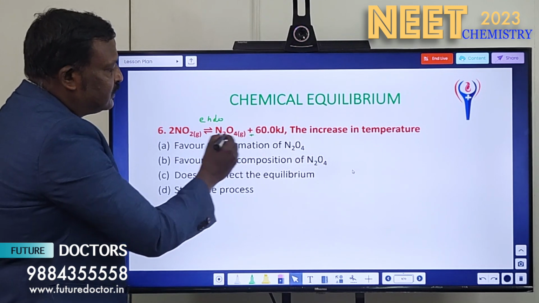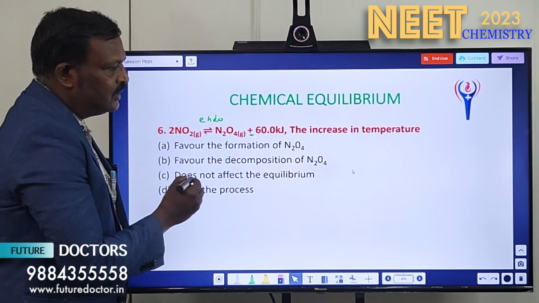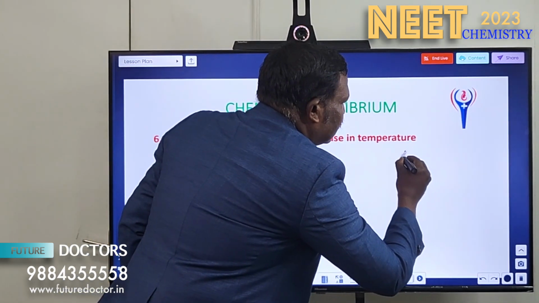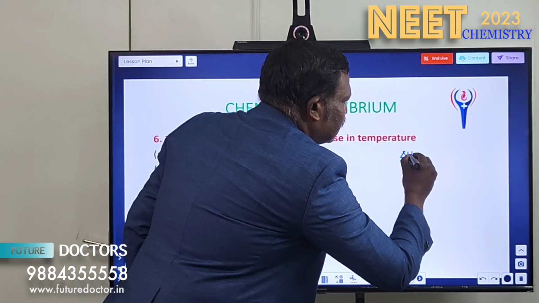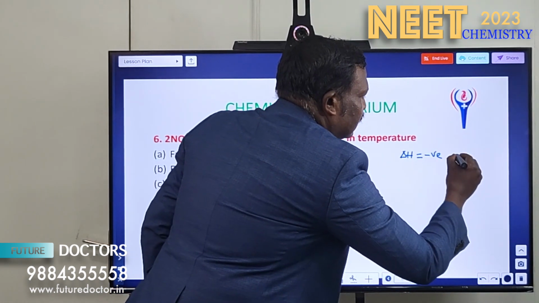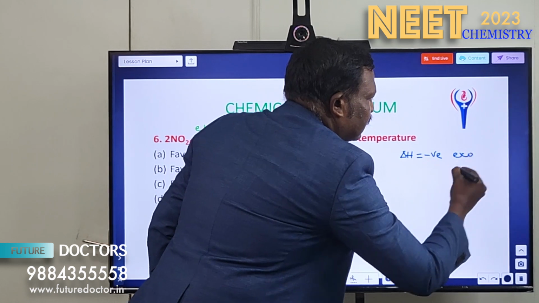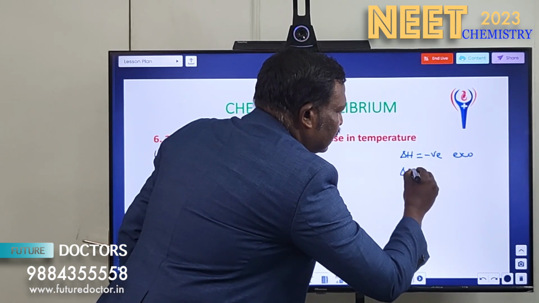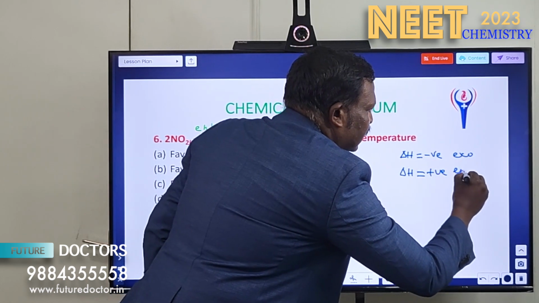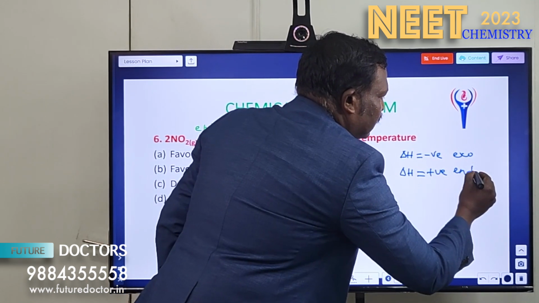Suppose minus is given, it will be exo. If del H is negative, it is an exothermic reaction. If del H is positive, it is an endothermic reaction. Understood?